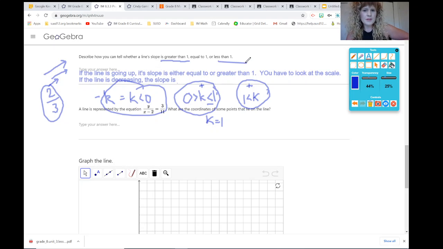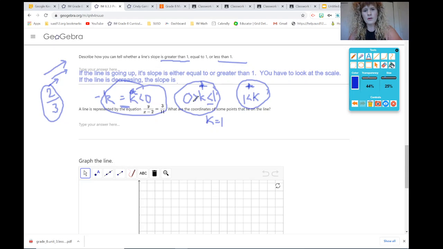Okay, so how can you tell? Well, you have to look at the scaling for sure. Because here, this k could be positive, and it's, oops, not this one, I mean, this one here. This is a positive k, but it's less than 1. This is a positive k, but it's greater than 1. And then here is a negative k, but it's less than 0.